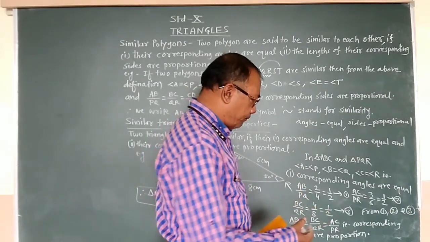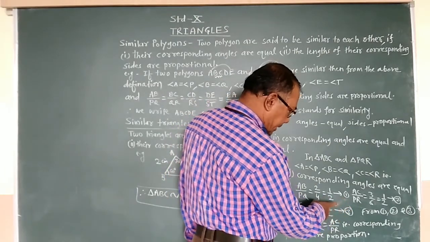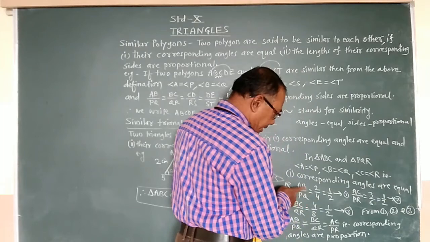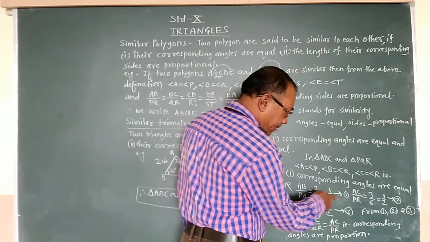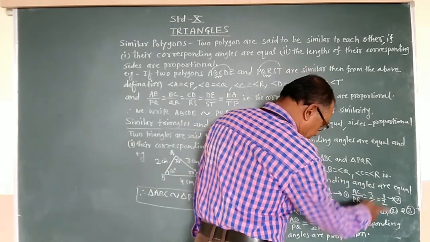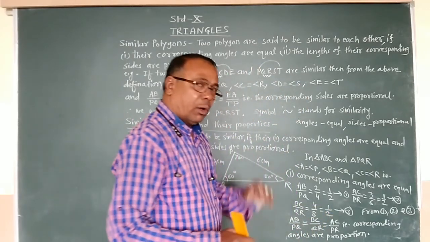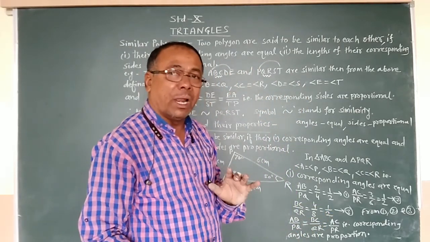If we find the values of the RHS of equations 1, 2 and 3, we get AB upon PQ is equal to 1/2, AC upon PR is equal to 1/2, and BC upon QR is equal to 1/2. Means all the three ratios are equal.